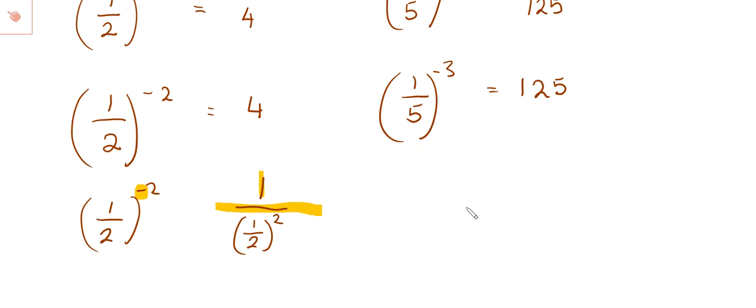Okay, well, let's see. Is that the same as 4? Let's go through the process. So it's 1 divided by, well, a half squared is 1 over 4.